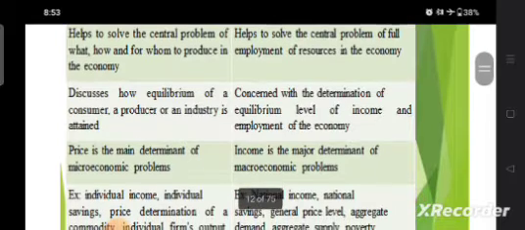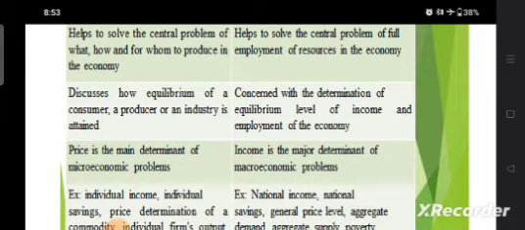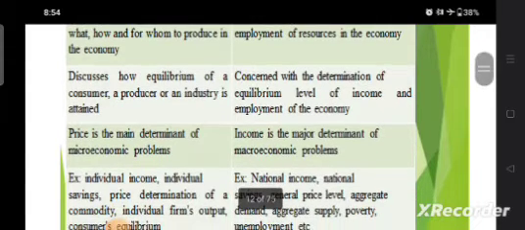Microeconomics also discusses how equilibrium of the consumer, a producer, or an industry is attained, whereas macroeconomics is always concerned with the determination of the equilibrium level of income and employment of the economy. In microeconomics, price is the main determinant, but in macroeconomics, income is the main determinant.